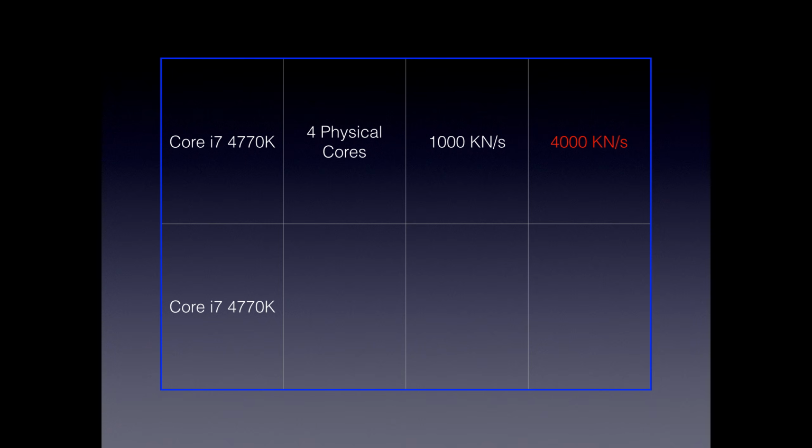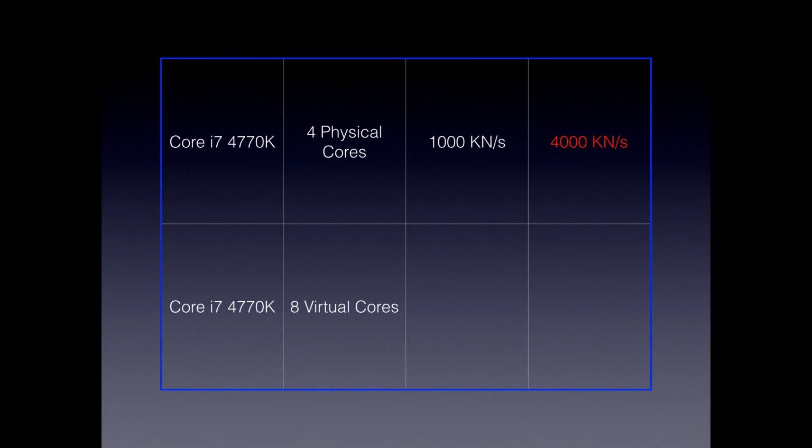Now let's do the same experiment, but with hyperthreading on, and this is what I found. With hyperthreading on, we've still got the same processor, it's still got 4 physical cores, but because we're using hyperthreading, we're actually dealing with 8 virtual cores. And what I discovered was that each virtual core was running between 60 and 65% of the speed of the physical core. So between 0.6 and 0.65. Let's call it 0.6 to make it safer, more conservative.